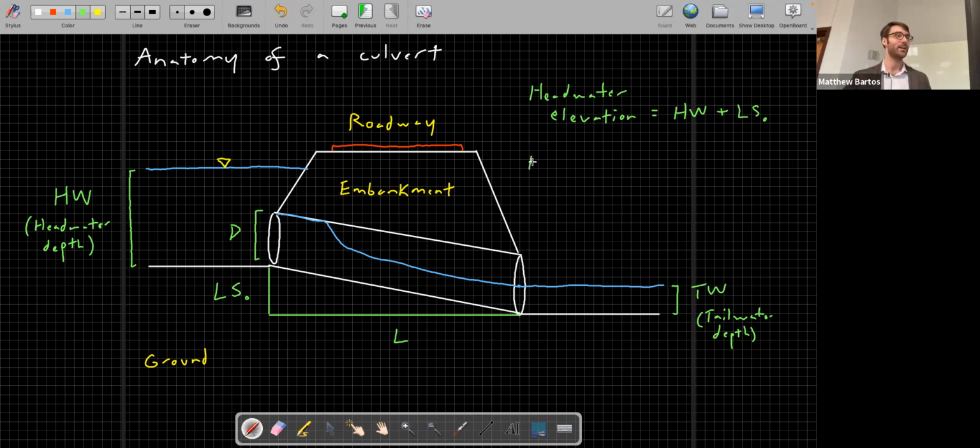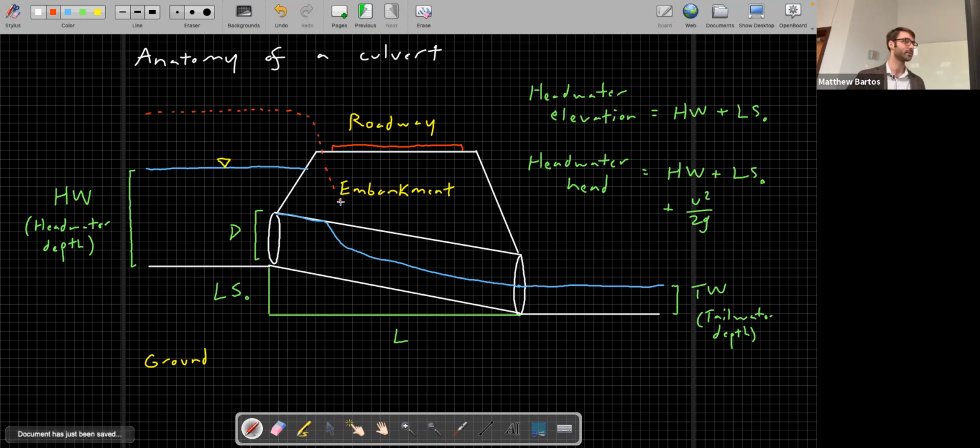And we can also have the headwater head, which is equal to HW plus L times channel bottom slope plus U squared over 2g. Okay, so we might have an energy grade line here as well, in addition to our hydraulic grade line. So this is our energy grade line.